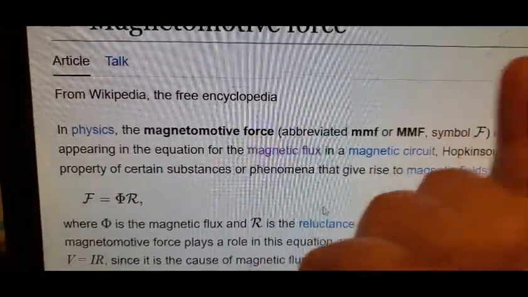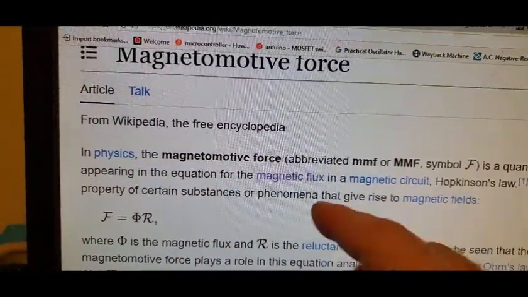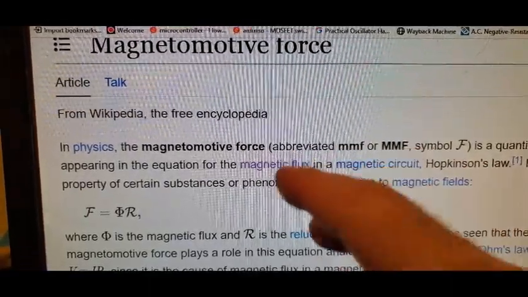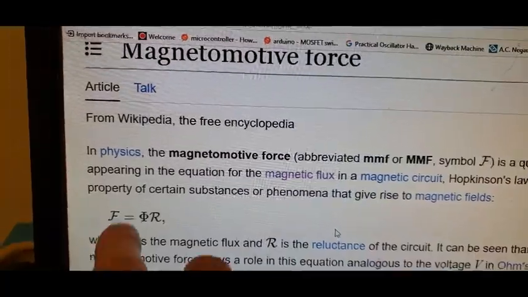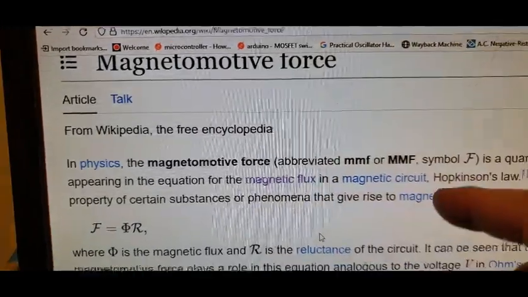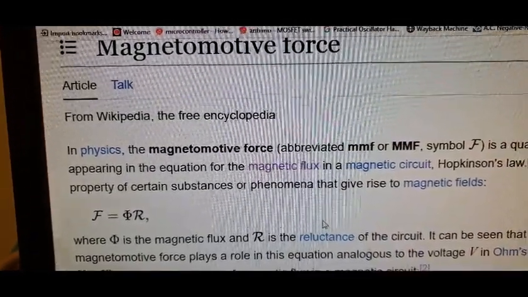You talk about amp turns, but what if you have a square? What if you have a triangle? You would still call it turns, but your inductance, hence your magnetic flux, and hence your magnetomotive force is then all different, and it's all derived empirically.